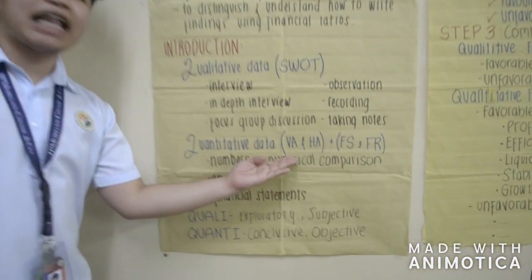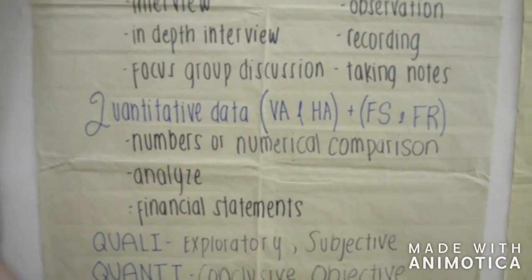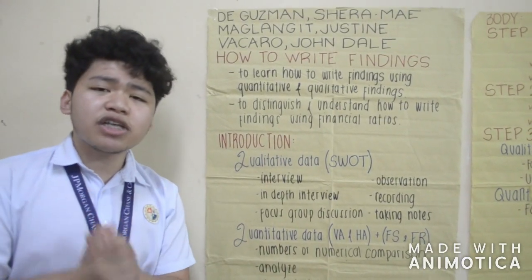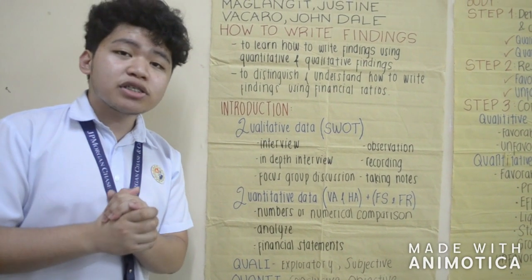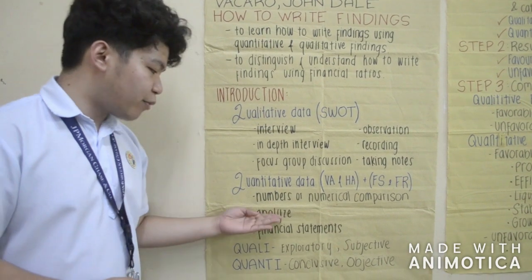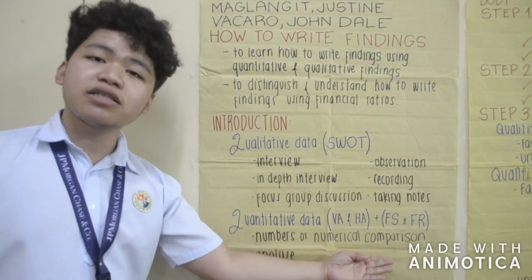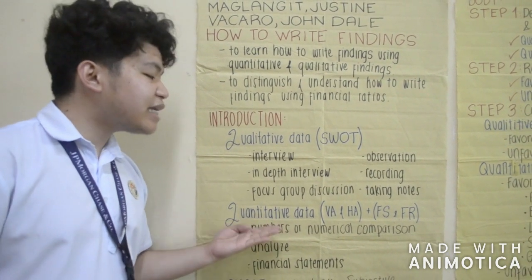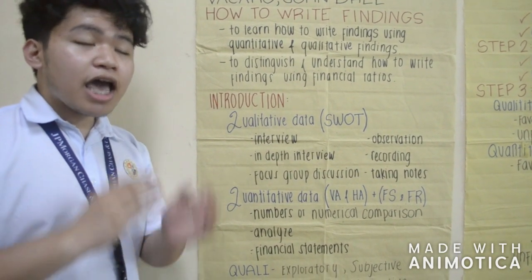It comes from vertical analysis and horizontal analysis plus the financial statement, used to compute the different types of financial ratios. So it is just the quantity data. It is numerical, measures of values or counts expressed as numbers, analyzed through numerical comparison and statistical inferences. Examples of quantitative data are the financial statement, survey, and experiment.